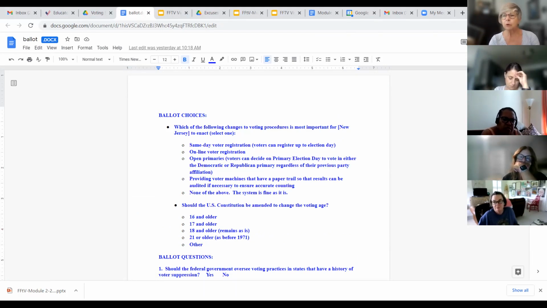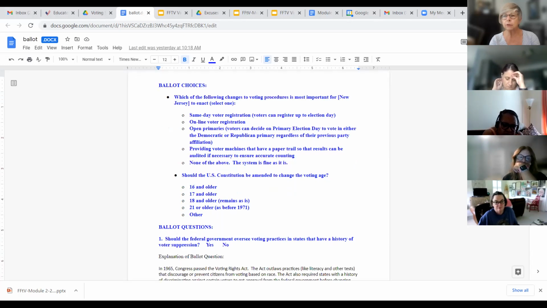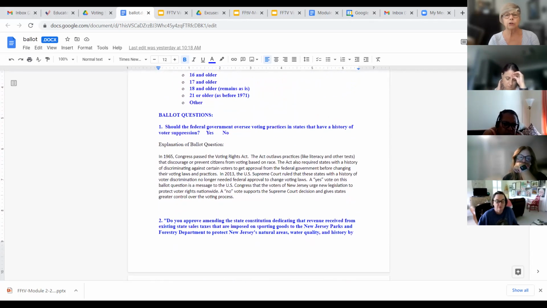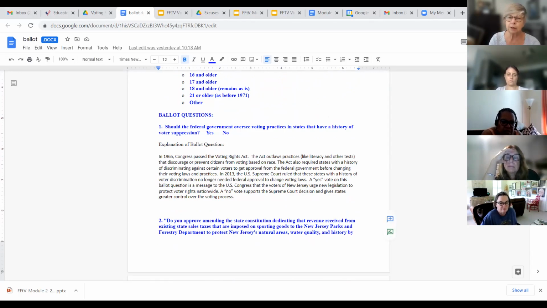The two ballot questions that they had, one was on should the federal government oversee voting practices in states that have a history of voter suppression? So that was an interesting ballot question, given that it happened before what's going on now. And then, do you approve of the state constitution dedicating revenue from state taxes for Jersey parks and forestry?